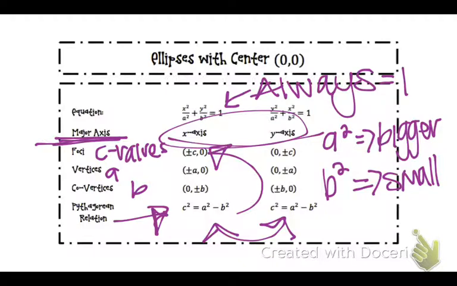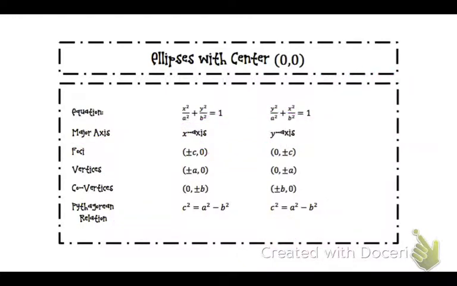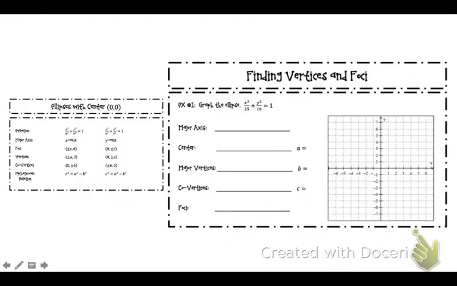Okay, let's do some examples. We're doing these with the center at 0 right now. We have the ellipse x squared over 25 plus y squared over 16 equals 1. My major axis here is the x-axis because 25 is greater than 16 and 25 is underneath the x.